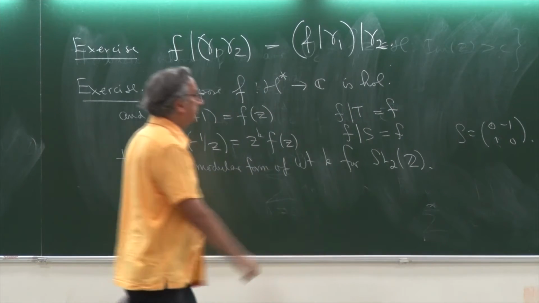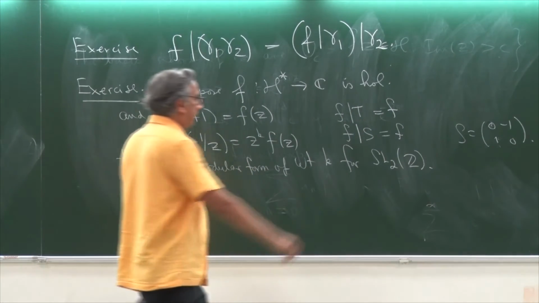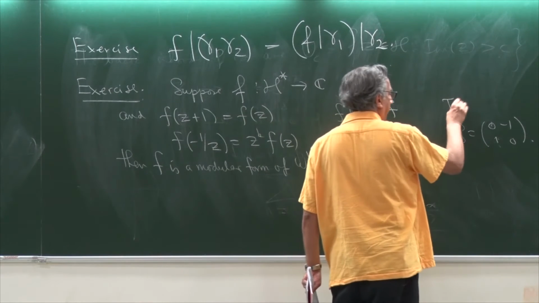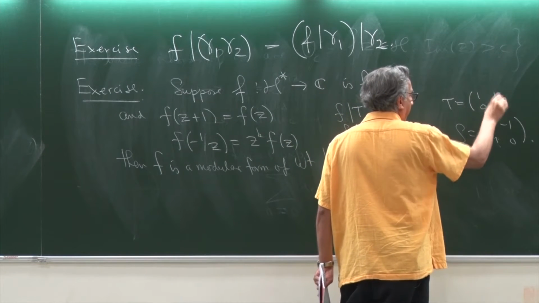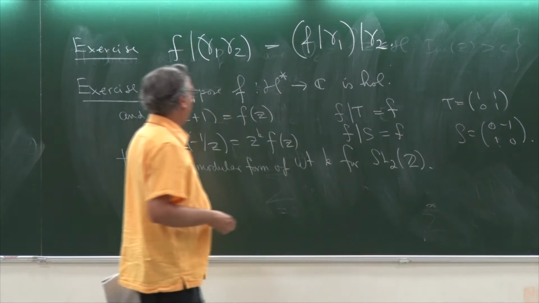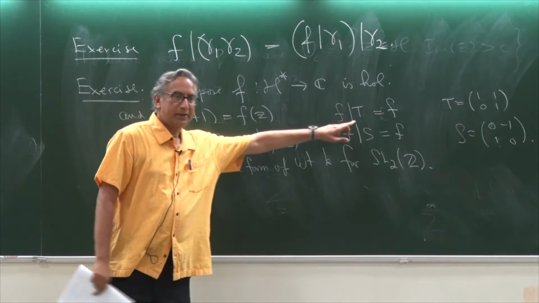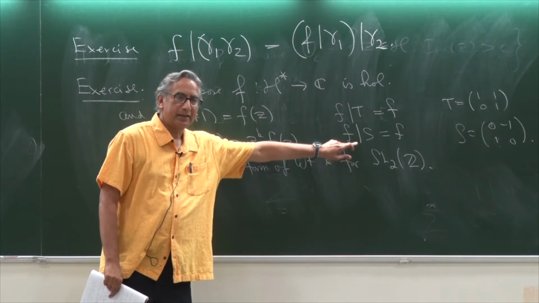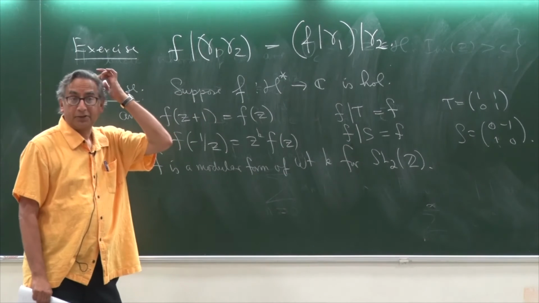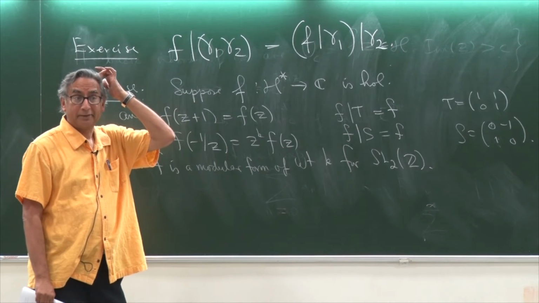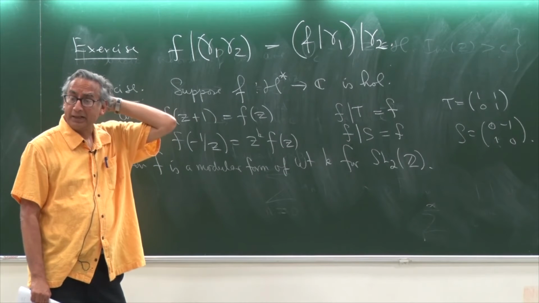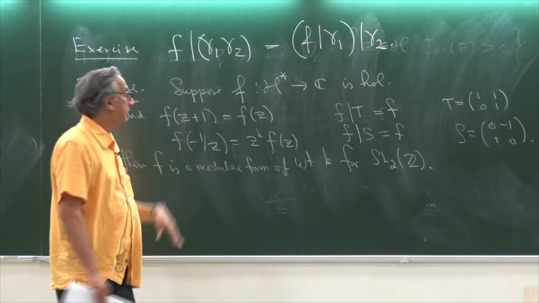It was this matrix, and T was the translation matrix. So in our slash notation, we find that f slash T is f and f slash S is f. Therefore, f slash the group generated by S and T is f. But the group generated by S and T is the full modular group. So this is how you essentially do that.